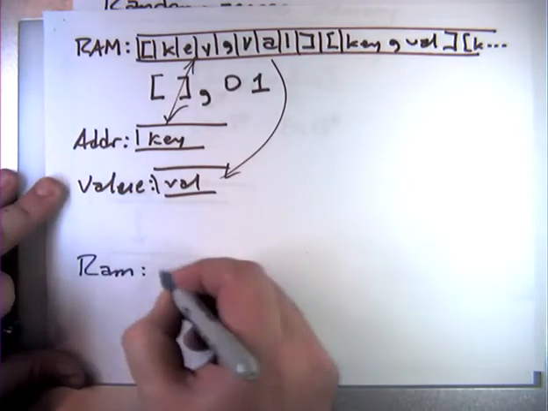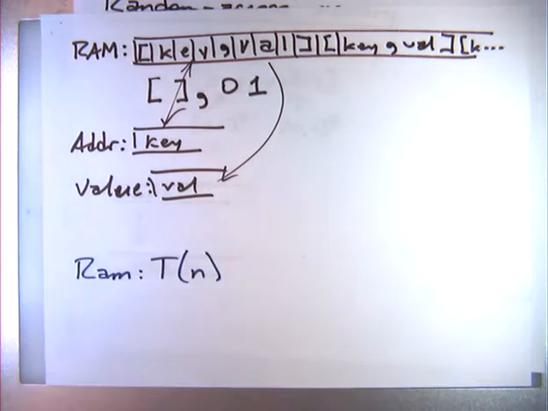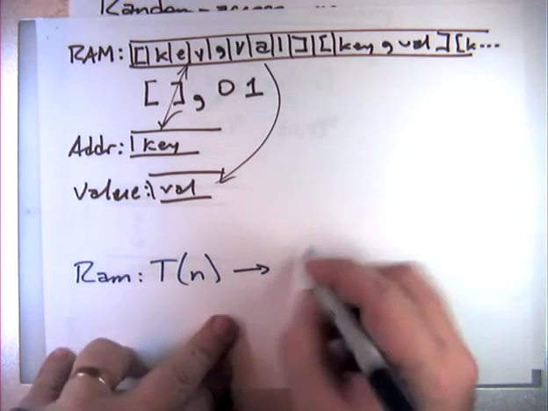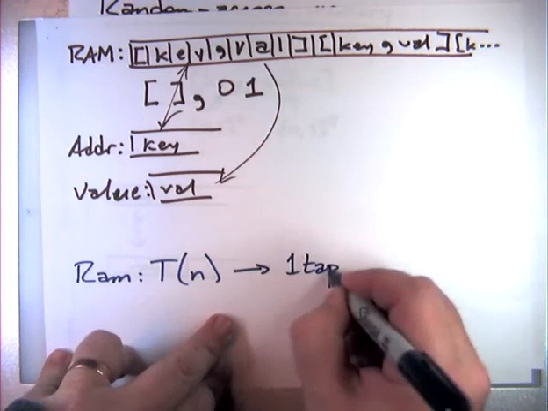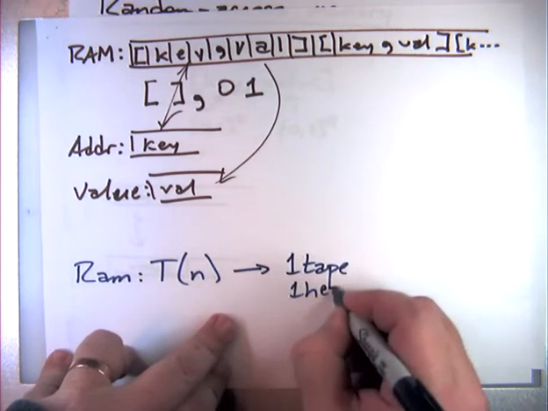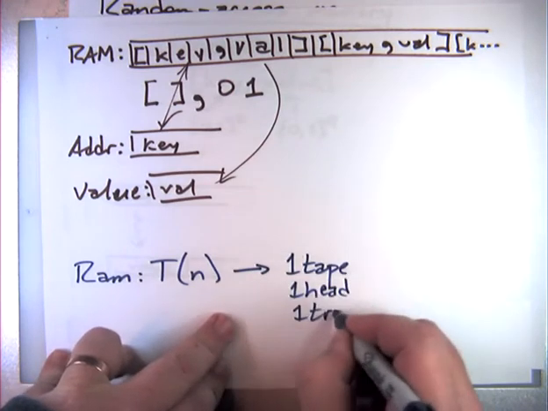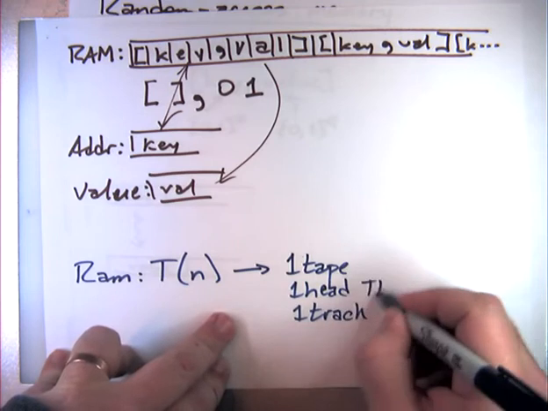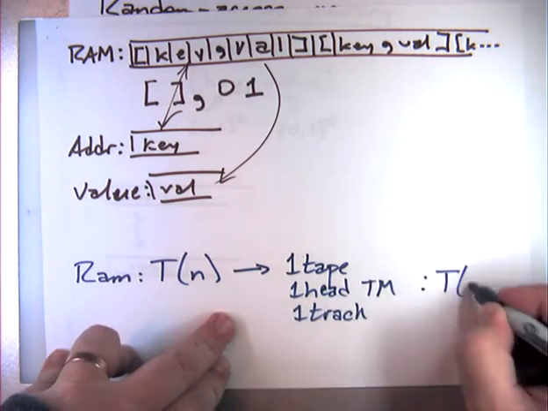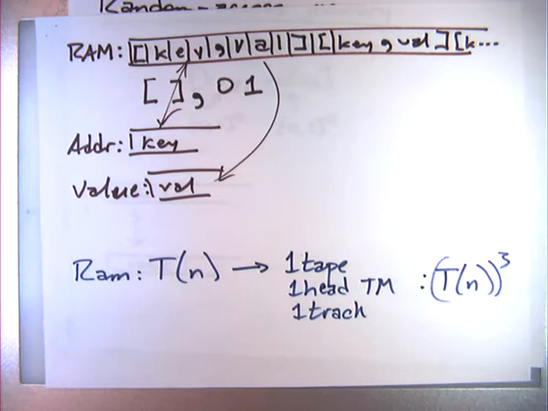if you have a RAM algorithm that runs in time t of n, where n is the input size, by putting all of these pieces together in exactly the right way, you can simulate it on a one-tape, one-head, one-track Turing machine in time roughly t of n cubed.